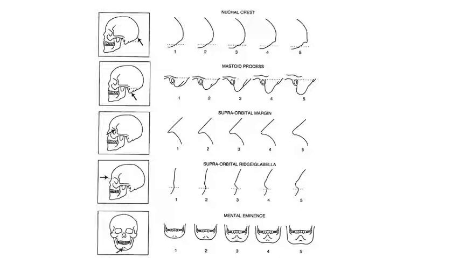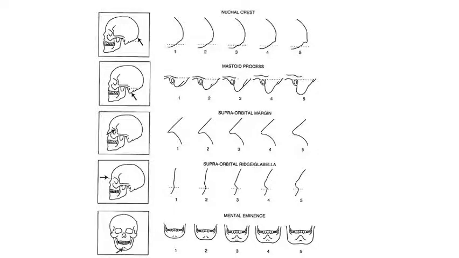Generally, this type of sheet covers the nuchal crest, the mastoid process, the supraorbital margin, the glabella, and the zygomatic extension. I'll go through this, but there are a number of rating systems that you can see online, and it does help us engage in that comparative approach, which is really essential when we're engaging in anthroposcopy or even anthropometry. Okay, so let's move along and take a look at some of these features and how they're rated.